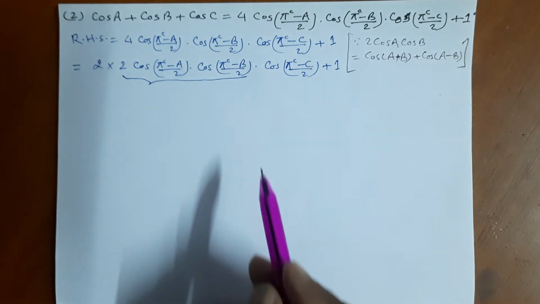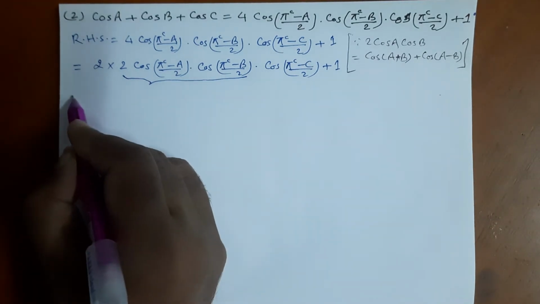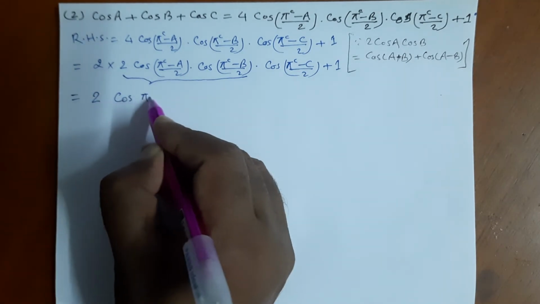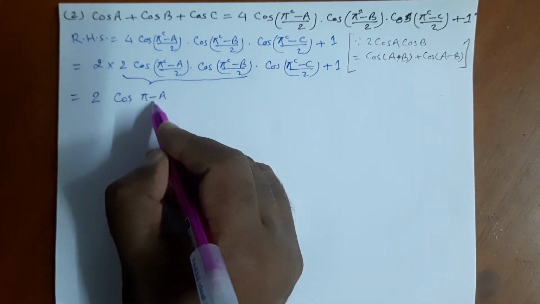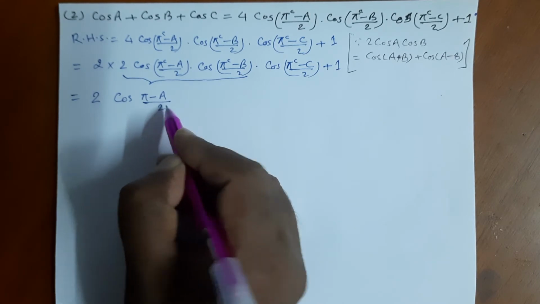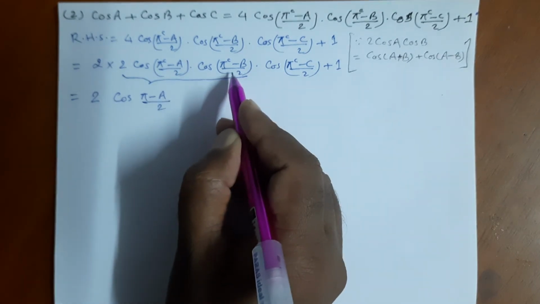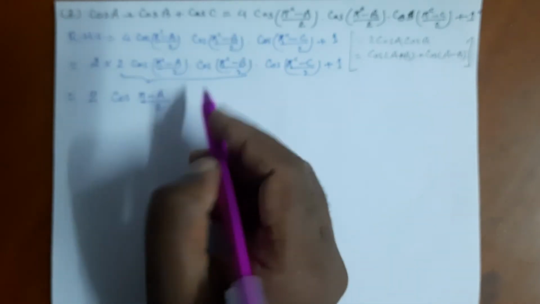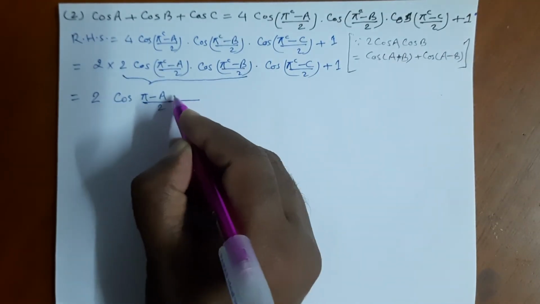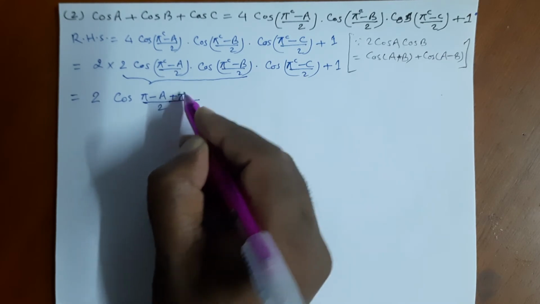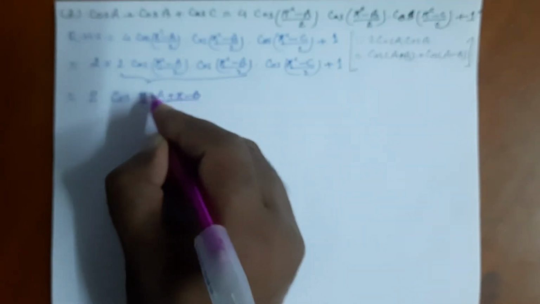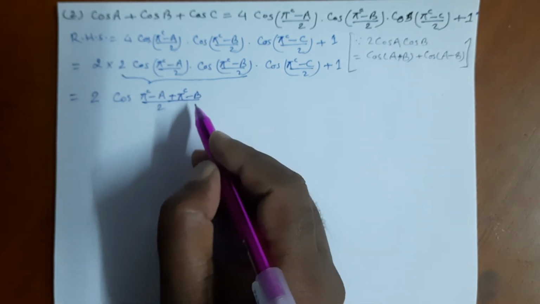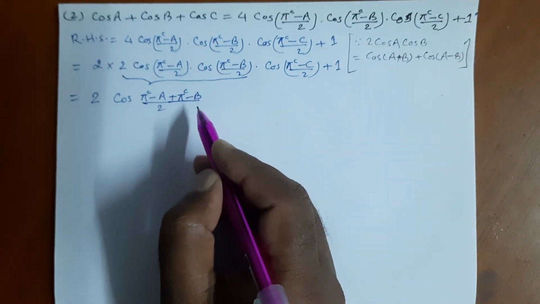Here also in a similar way we can write. So now this 2, this will be cos (pi minus a)/2 plus this. While adding this and this, the LCM will be 2, so I will write together plus pi minus b. Pi is radian. If you do not write radian also, in place of an angle, if there is pi, we should understand that it is in radian.